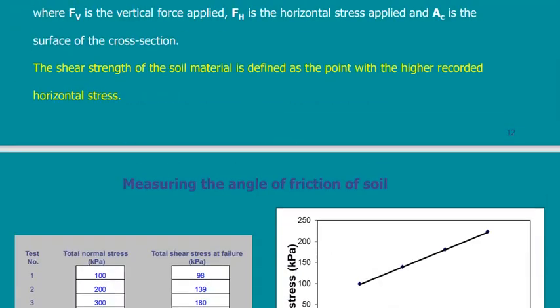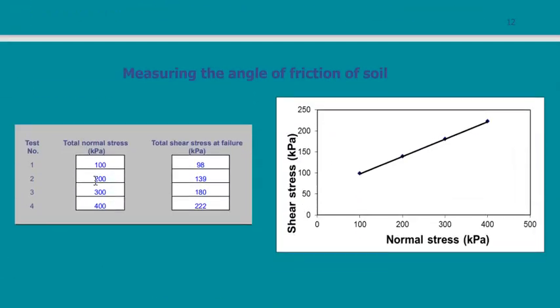So based on the results of these tests, if I repeat it 3 or 4 times, I can draw this line. I will just extend this line till I meet the y-axis. The intercept here will be the C, and the angle of inclination will be the phi.